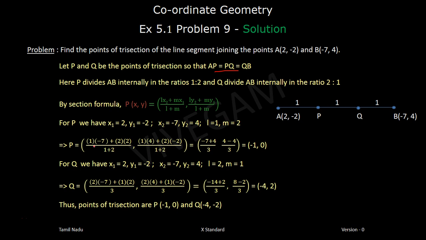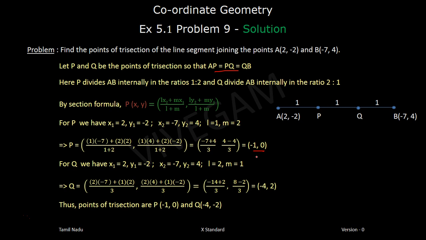Now simplify: minus 7 plus 4 by 3, that is minus 3 divided by 3, so you get minus 1 as the x coordinate. For the y coordinate, 4 ones are 4, this is minus 4, so 4 minus 4 is 0, and 0 divided by 3 is 0. So now you have calculated point P.